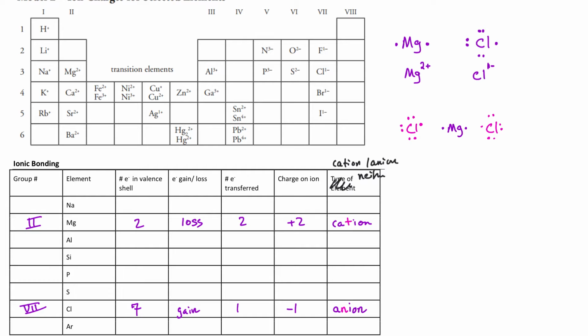What ends up happening is that this electron kind of goes here to fulfill the outer shell there, and one goes here to fulfill that outer shell. And what we'll end up getting is a magnesium with a positive 2 charge, and we will have chlorines with a negative 1 charge.